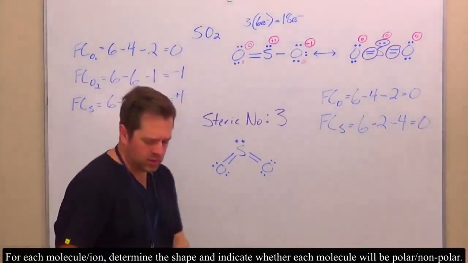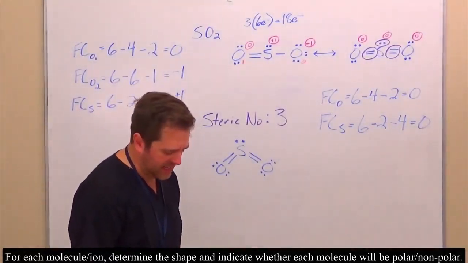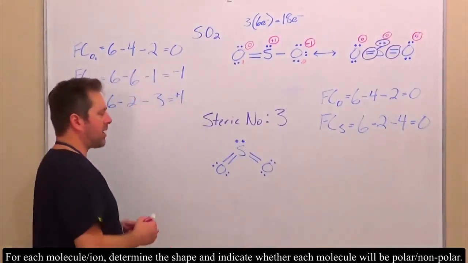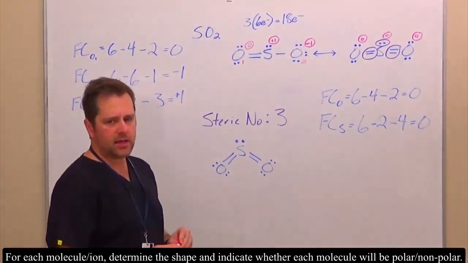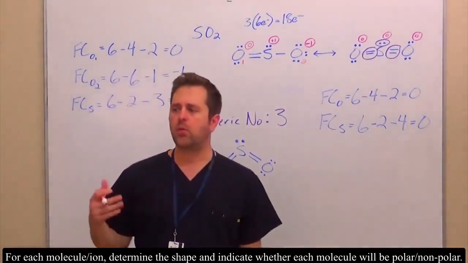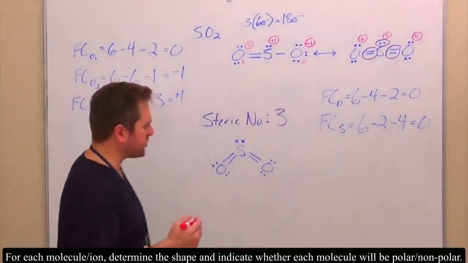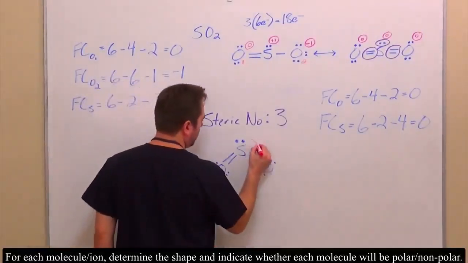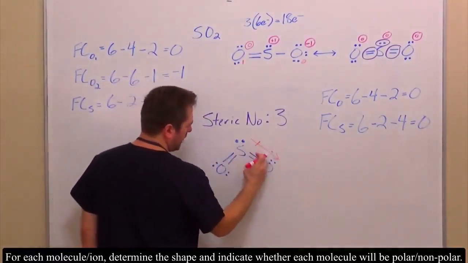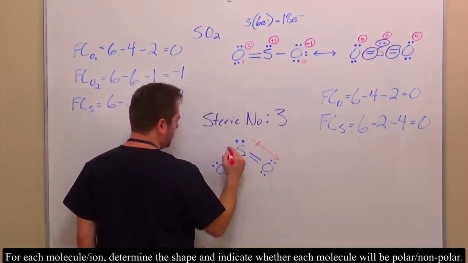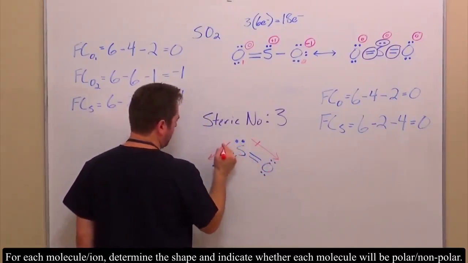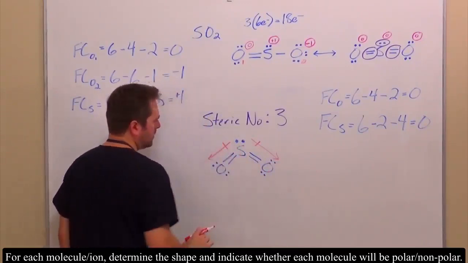Now, the million-dollar question, if you will, is this a polar molecule or not? It's definitely bent. Well, now we have to think about electronegativity. And if you remember, because of its position on the periodic table, oxygen is going to be more electronegative than the sulfur. So we're going to have a pull this way. I'm going to represent it with this arrow. This oxygen, the electrons are going to be pulled a little bit closer to this one. And at the same time, this one is going to be competing on equal footing.